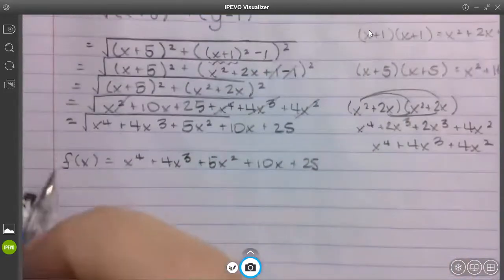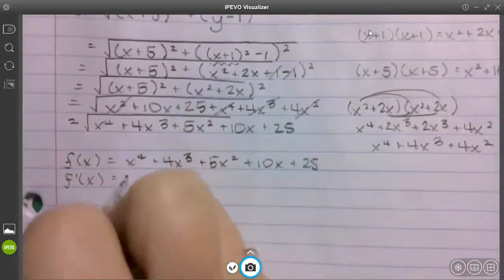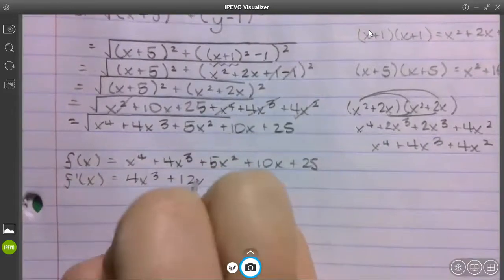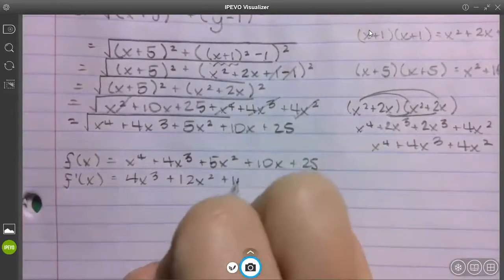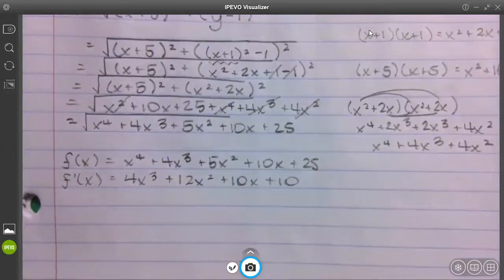Once you get your function, you're going to find the derivative. You get 4x cubed plus 12x squared plus 10x plus 10. And then I'm too lazy to do the work on this, and I fully expect that you will be too.